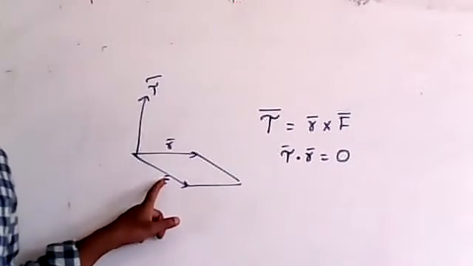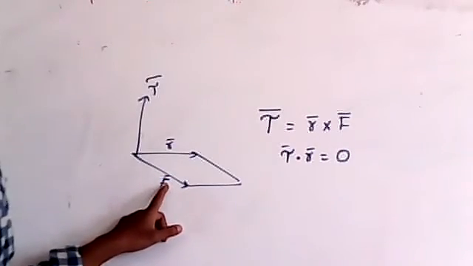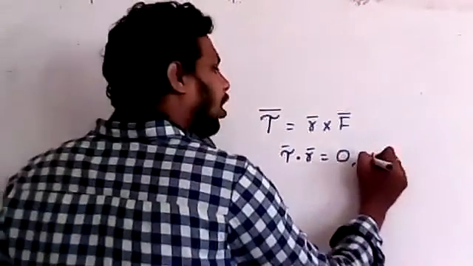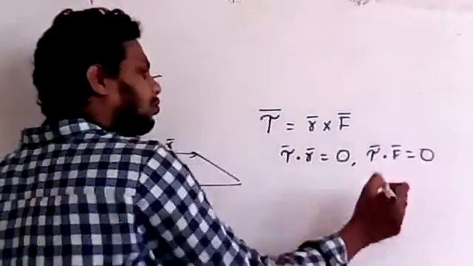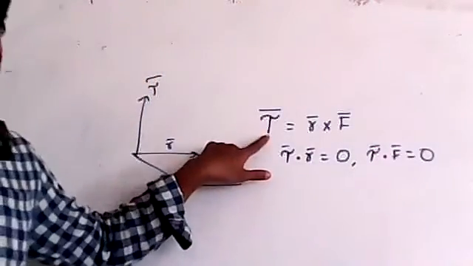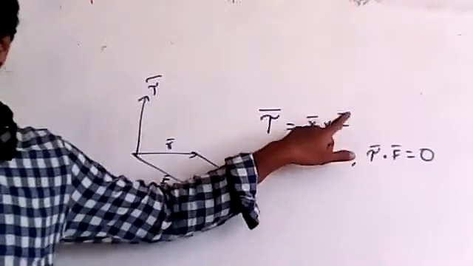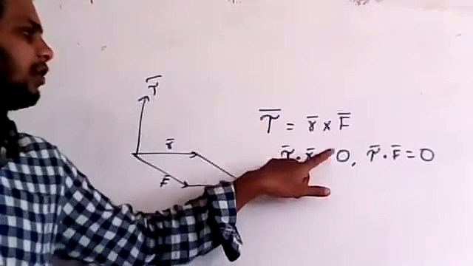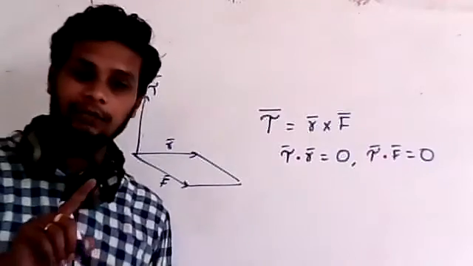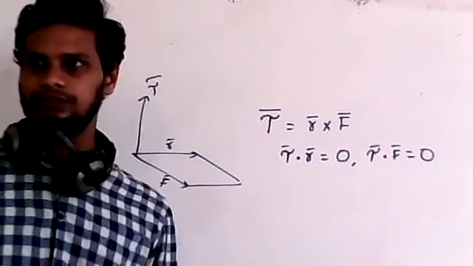Likewise tau bar dot F bar is equal to 0, because torque tau is perpendicular to the plane of R bar and F bar. Therefore, perpendicular means dot product is 0.